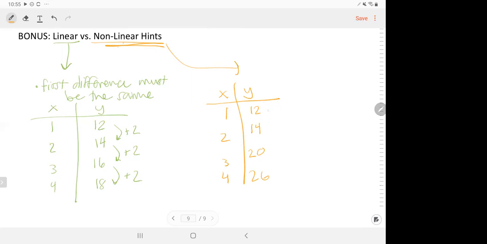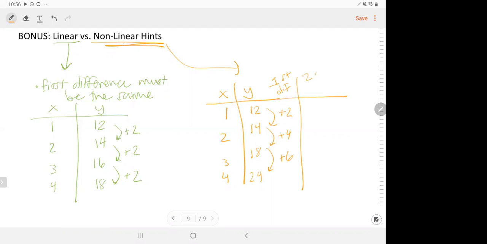So if I were to take the first difference here, it would be +2, then, oops, I actually did this wrong. Okay, so I just changed these numbers here. If I were to change this to 18 and 24, then I could use this example. So 14 to 18, I would do +4, and then 18 to 24, I would do +6. And you guys have probably been noticing that there's a pattern. So this was my first difference.